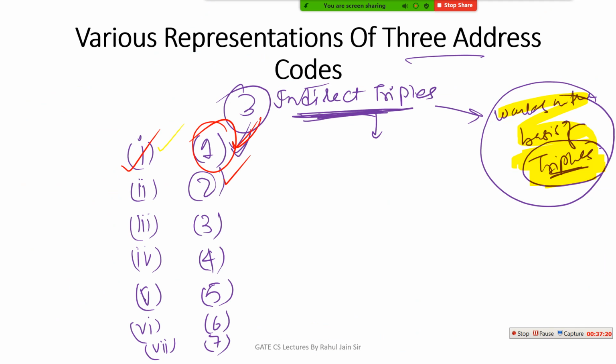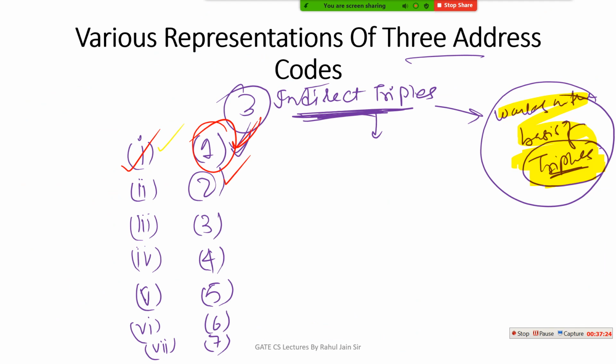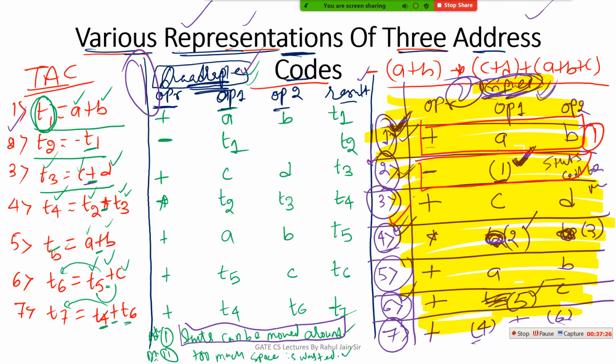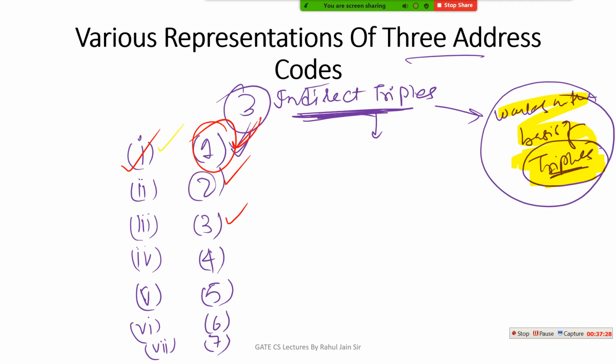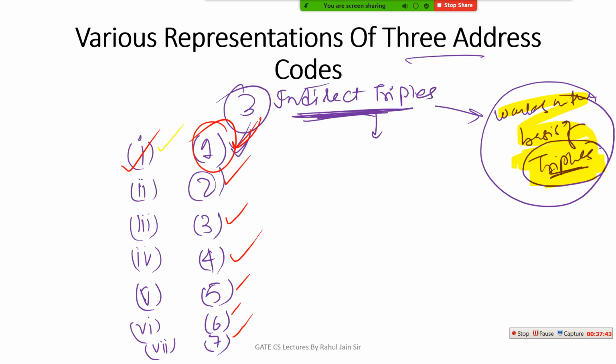Similarly, pointer 2 will fetch the value of this statement, and pointer 3 will fetch the value of this statement. Similarly, pointers 4, 5, 6 and 7 will fetch the respective values of 4, 5, 6, 7. Means if I call 4, then it will multiply T2 with T3 and give me the result of T2 and T3 indirectly by using pointers.